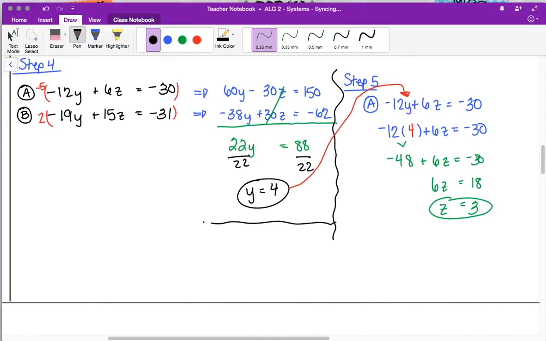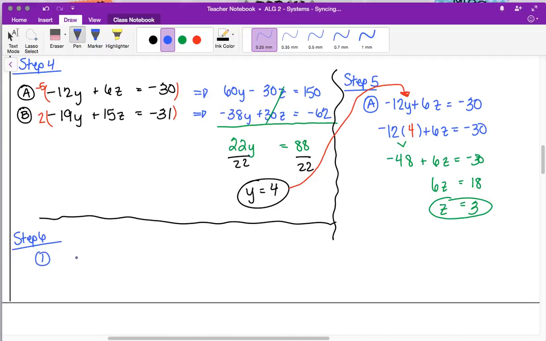So I'll separate my work right here, and we'll go to our last step, which is step 6. Step 6 tells us to substitute both new solutions into one of the original equations and solve for the missing variable. So I'm going to go up and look at equation 1.